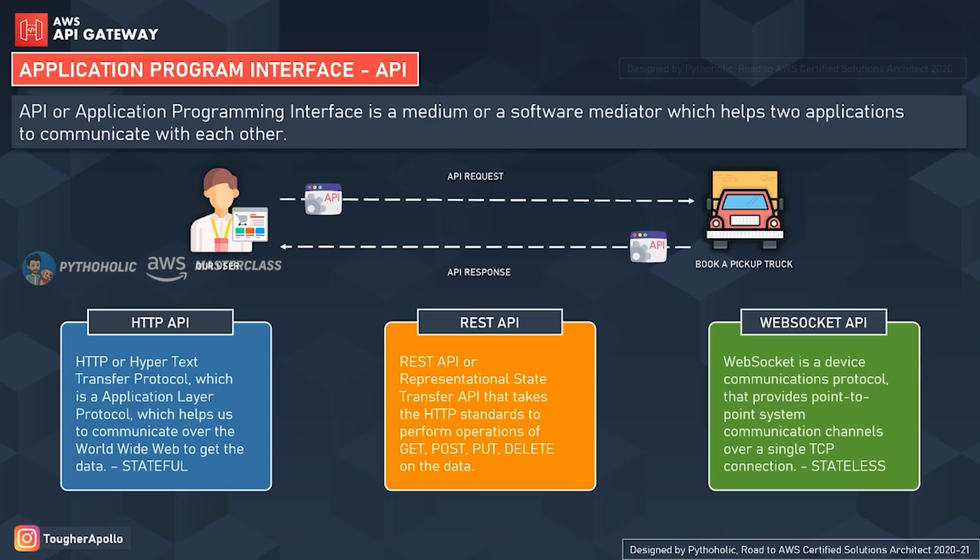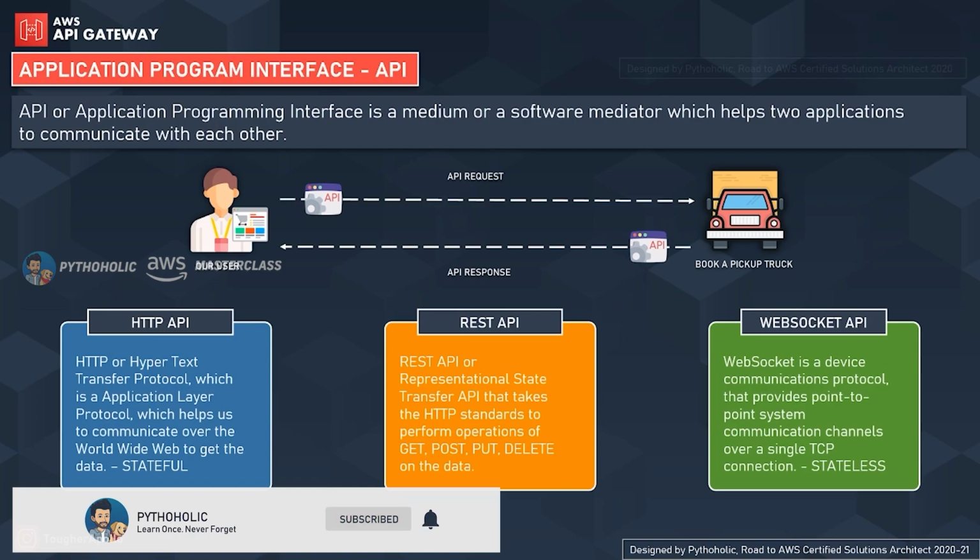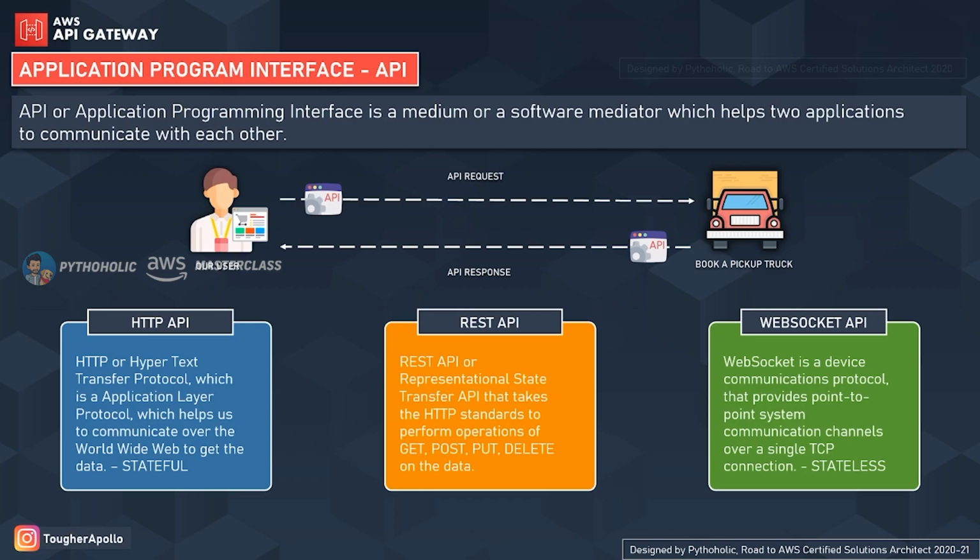WebSocket APIs work on the transport layer, and they are a bit different from the HTTP or REST APIs. REST APIs are one-way communication and are based on the request-response or client-server theory. Here, TCP is a full duplex two-way communication channel, where unlike HTTP or REST, we don't wait for the client's request or the server's response.